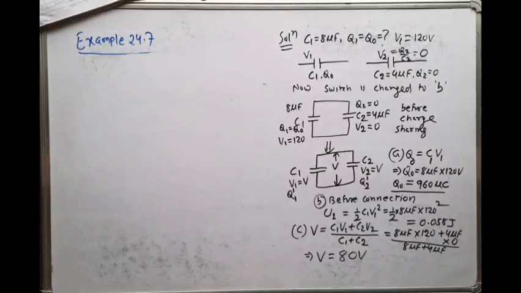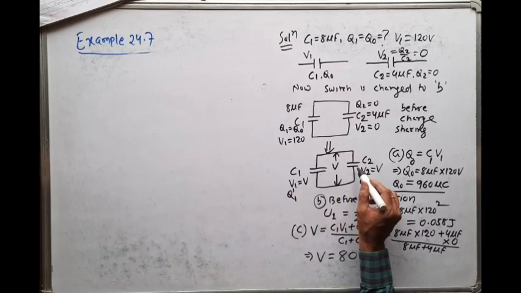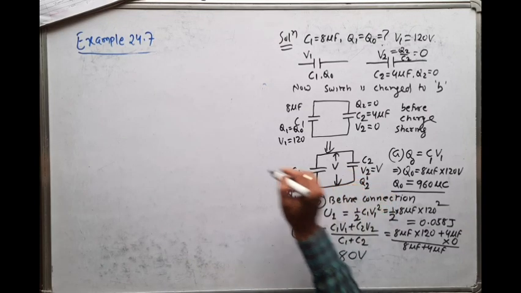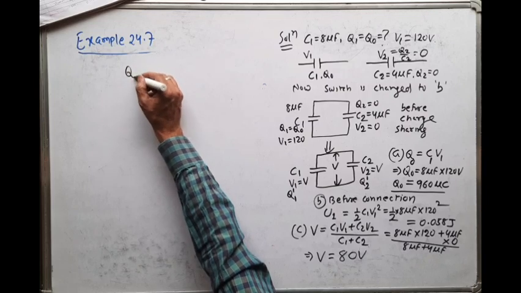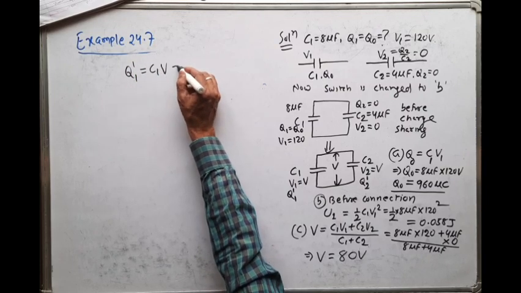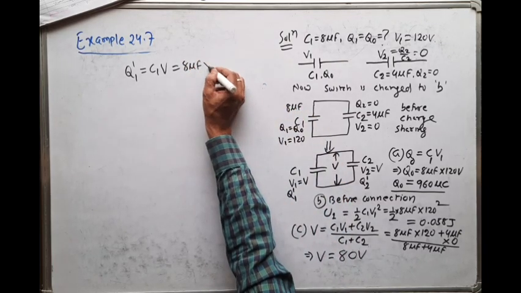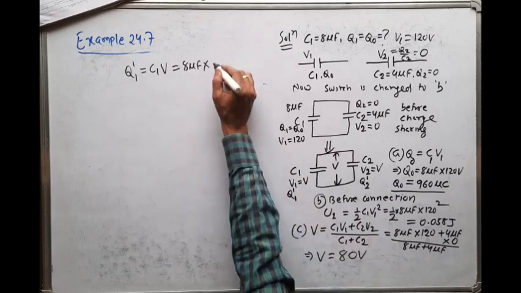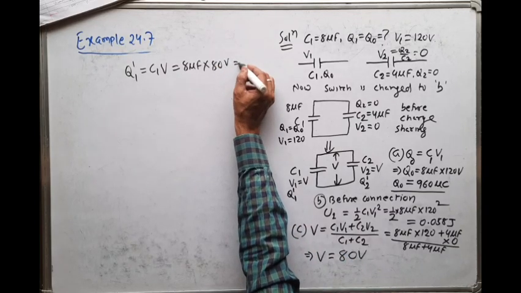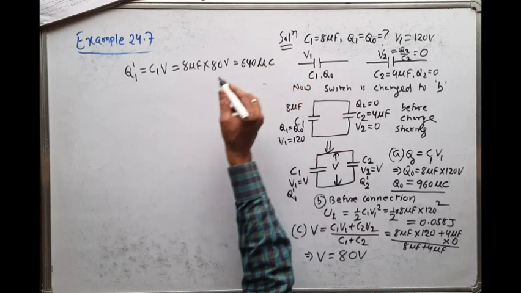Then we will find the charge across each capacitor after sharing the charge. The new charge across the first capacitor, Q1 dash, is equal to C1 into common potential V. C1 is 8 microfarad into the common voltage, 80 volt, so 640 microcoulomb.